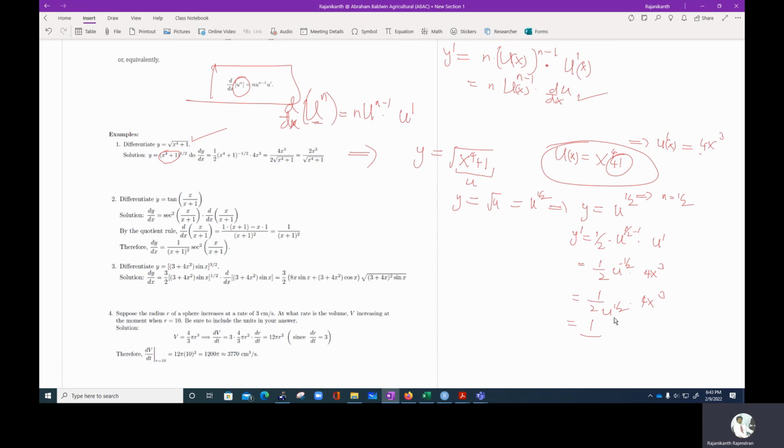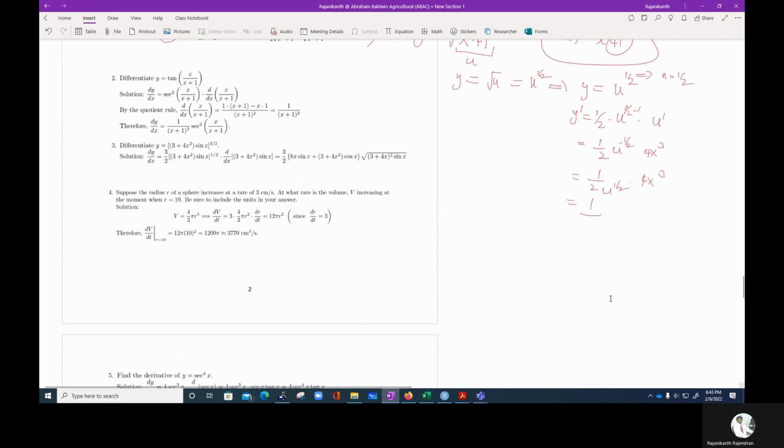Now remember, function u was x to the power 4 plus 1, so I'm rewriting u in terms of x. That is x to the power 4 plus 1, to the half root. If you simplify this, the 2 cancels, so you will get 2x cubed over (x to the power 4 plus 1) to the power 1/2. You all know that half power is nothing but square root. That's the answer.